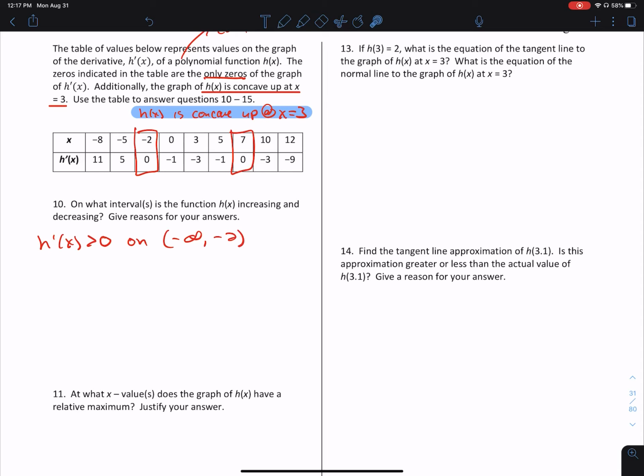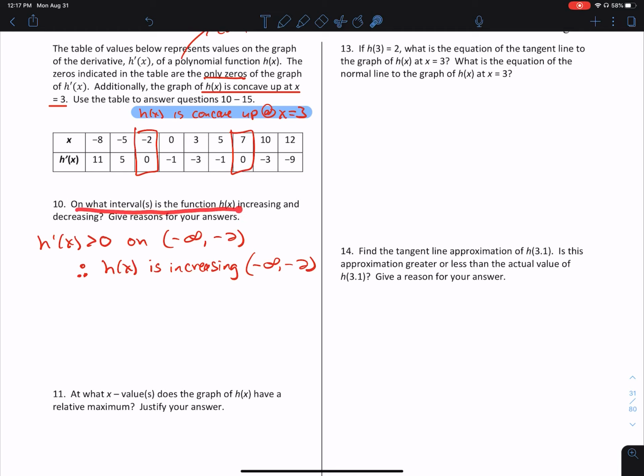I stopped at negative 2 because at negative 2 it becomes 0, which is not positive. The conclusion that we can draw from this is that h of x is increasing on the interval from negative infinity to negative 2.